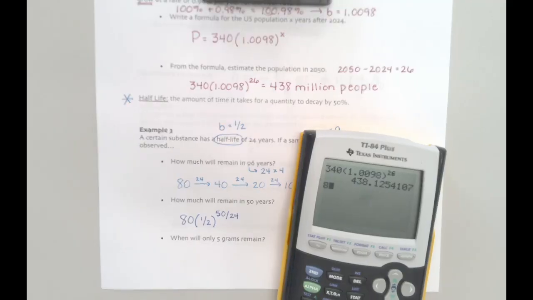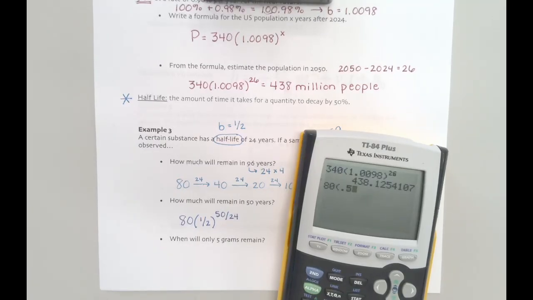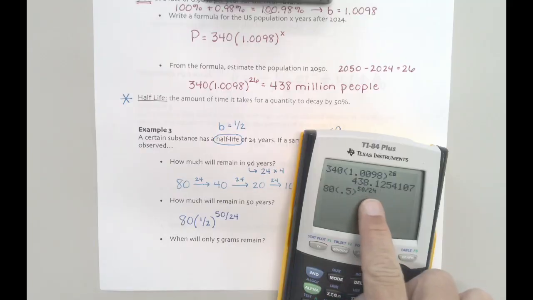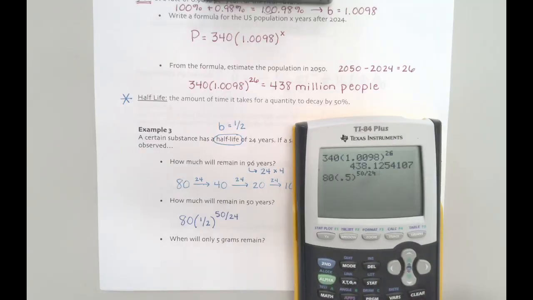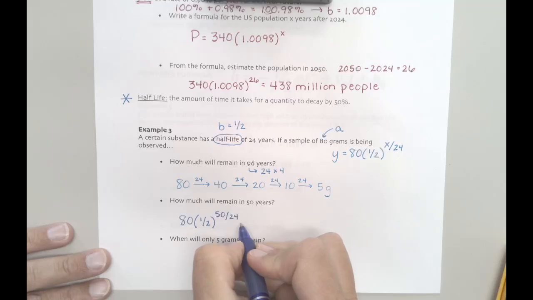So in my calculator, 80 times 0.5 or 1/2 to the power of, now depending on your calculator, you might need parentheses around this exponent, but on this style of calculator where it's all kind of typing up there, this is fine. And I get an answer of 18, remember we said it was a little less than 20, so 18.8, we'll say 18.88 ounces.